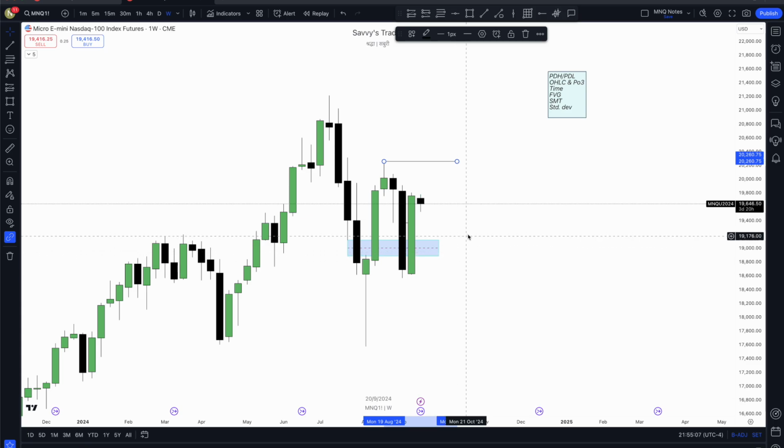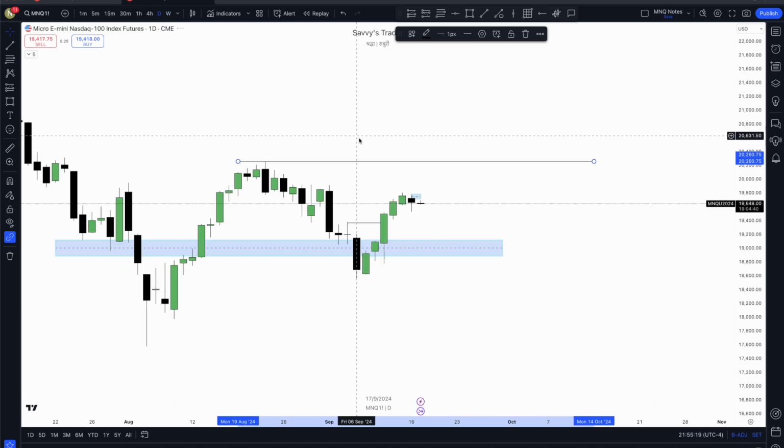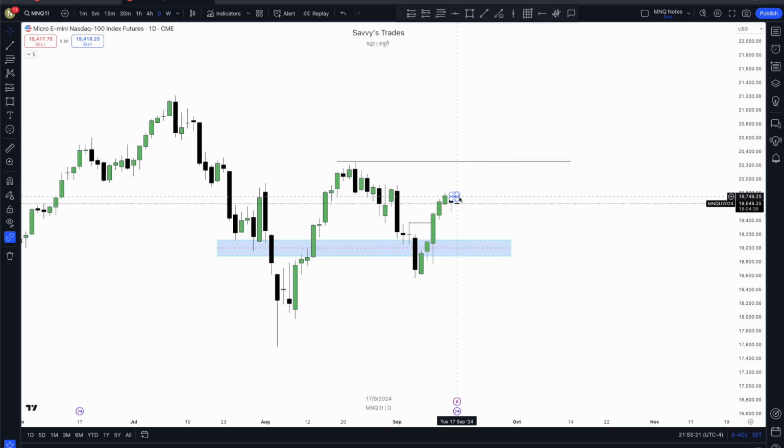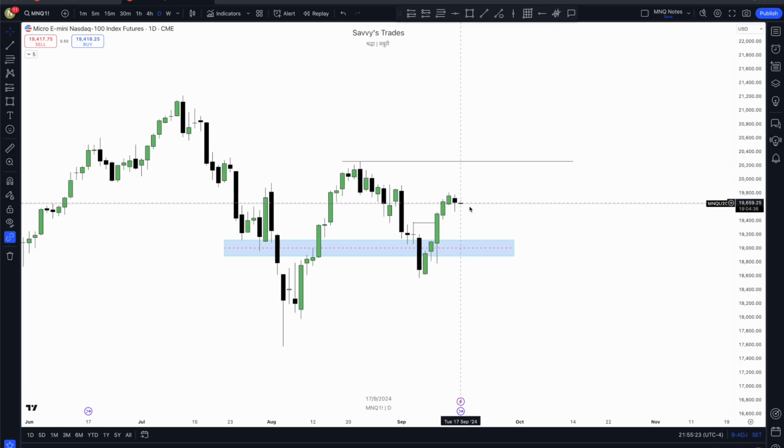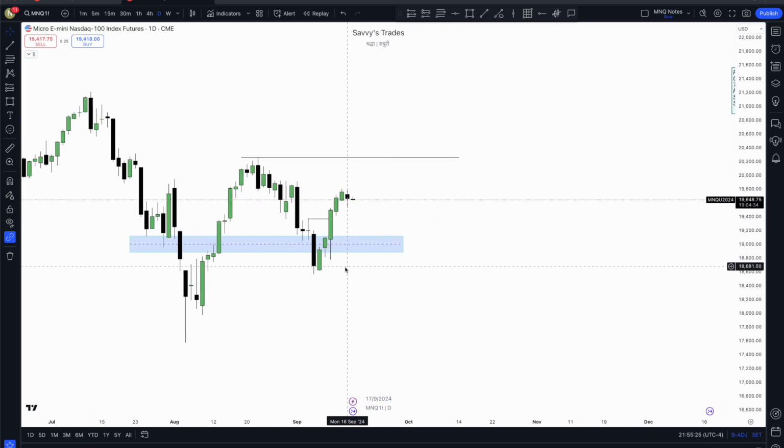But that's the weekly analysis, right? We are more interested in looking at how price moves every day. So let's go down to the daily chart to see how price moved today. All right. So looking at the daily chart, past couple of days, last week, we have seen a bullish price action.